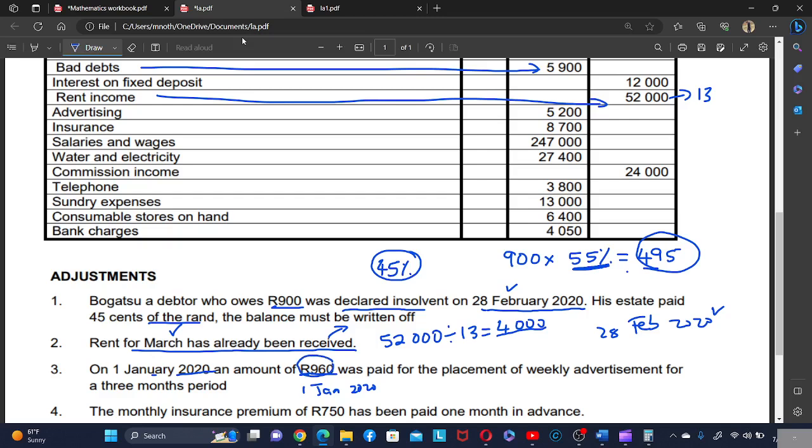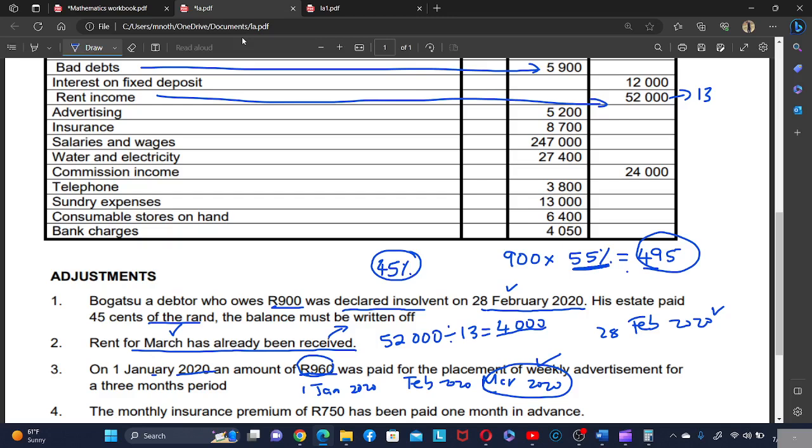Okay, so if it's for 3 months and it was paid on the 1st of January, it means that it is for January, February 2020 and March 2020, right? But if you check, our year ends on 28 February, meaning that we have paid for the advertisement of the next financial year.